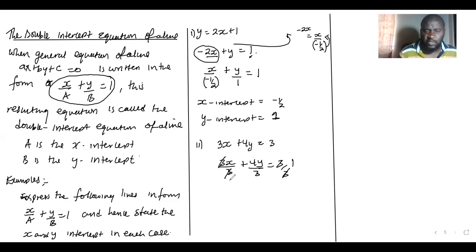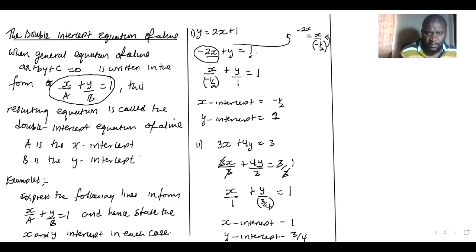So this is X over 1 plus Y over 3/4 equal to 1. Do you see that the X-intercept is 1 and the Y-intercept is 3/4? You see that?